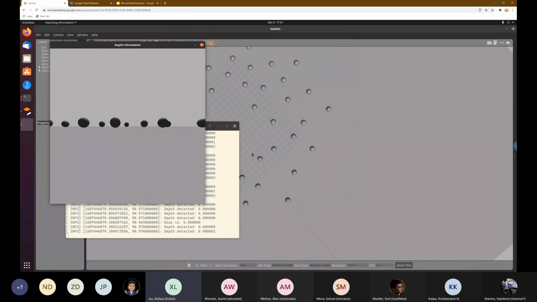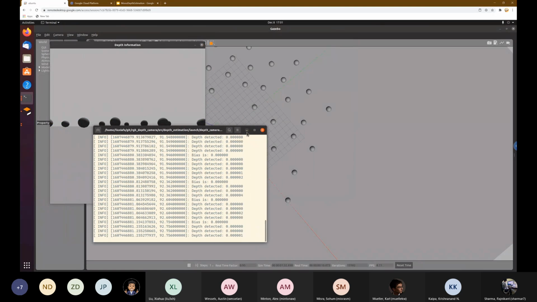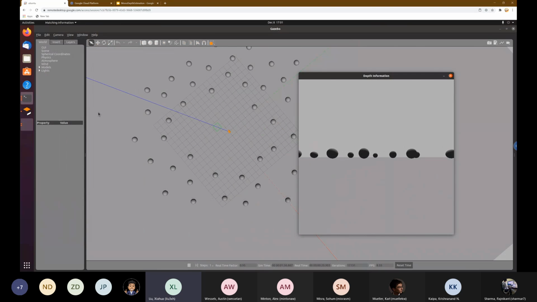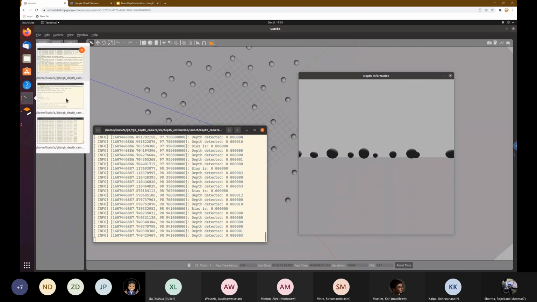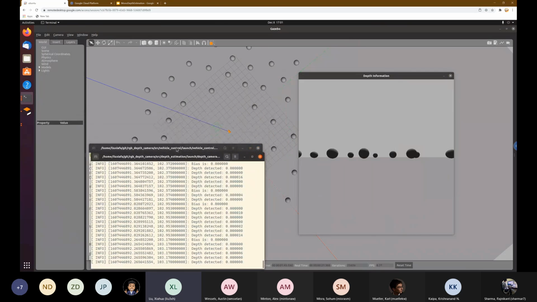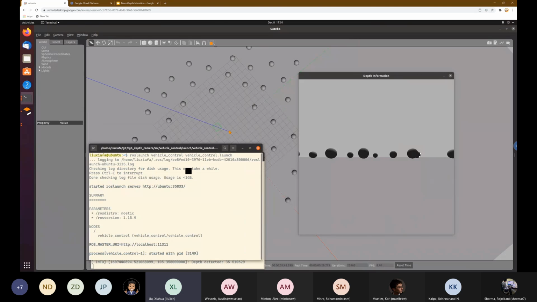This is the depth information part, and if I move the vehicle around, you can see that there are small white dots in this part.